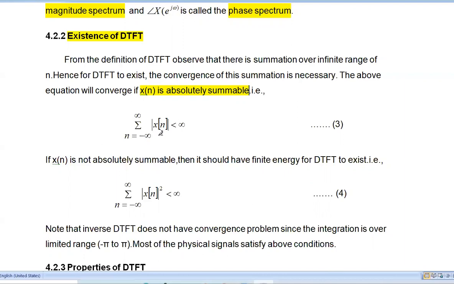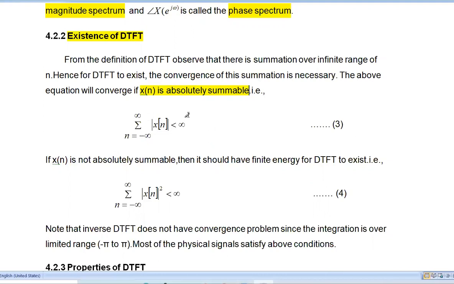For example, if x(n) is 1, 2, 3, 4, the amplitudes add up to 1 plus 2 plus 3 plus 4, which is 10, a finite answer. So for that signal we may use the discrete time Fourier transform.